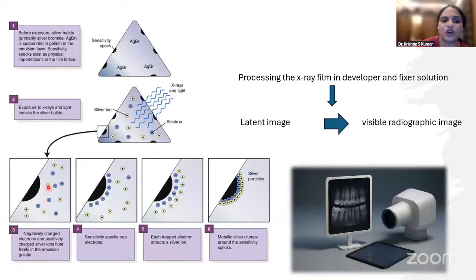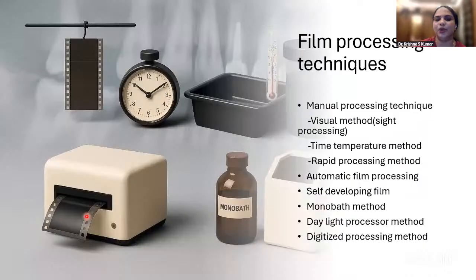Both the electron and the interstitial silver ions float freely in the emulsion. The electron moves towards the sensitivity site with its recoil energy, and the sensitivity site becomes negatively charged, which will attract the positive interstitial silver ion. And this forms the latent image, and after processing, it turns into the visible radiographic image.